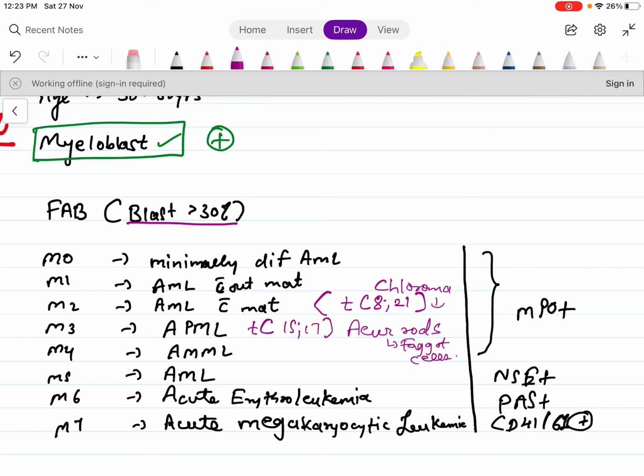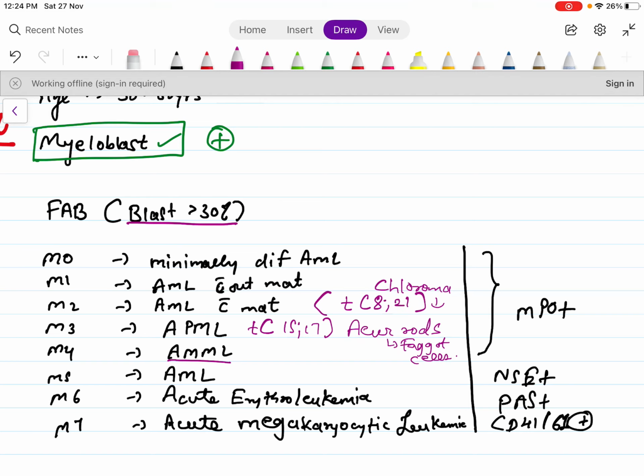Then we have M4, which is acute myelomonocytic leukemia, and then we have M5, acute monocytic leukemia. M6 is acute erythroleukemia. M7 is acute megakaryocytic leukemia.